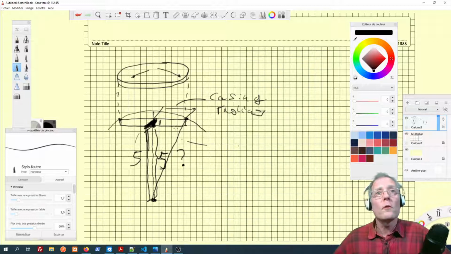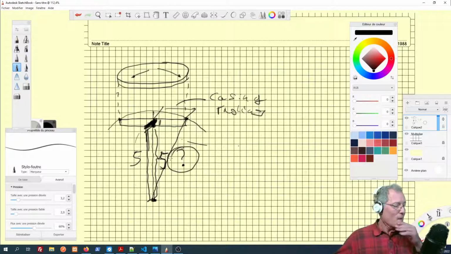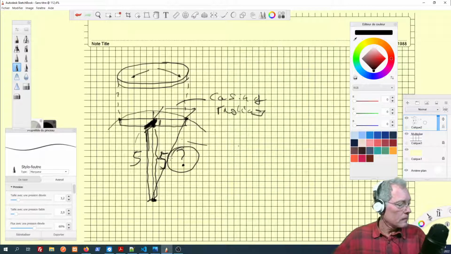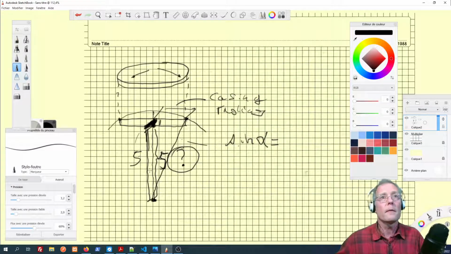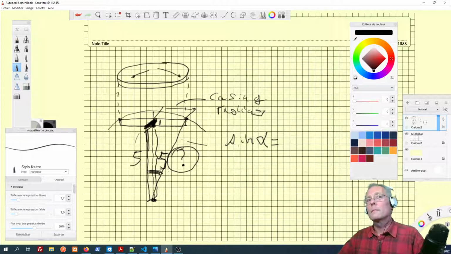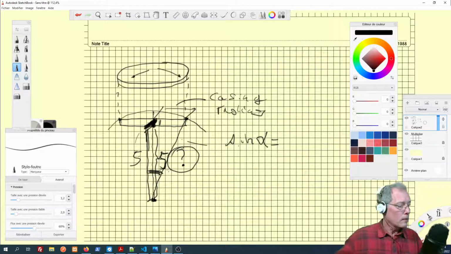So what I need to know now is this. And I know that sine alpha, alpha being here, is equal to what?